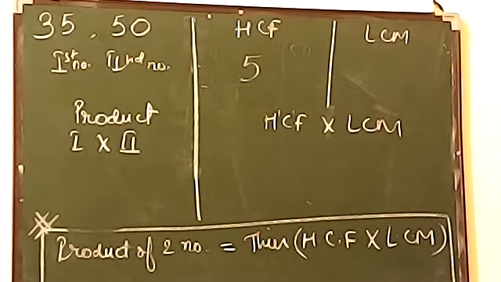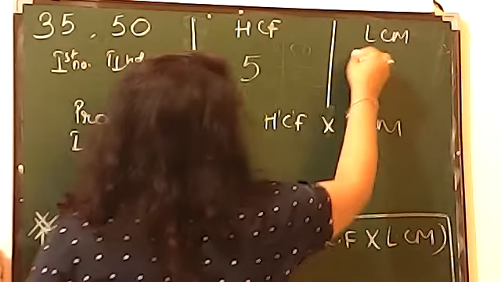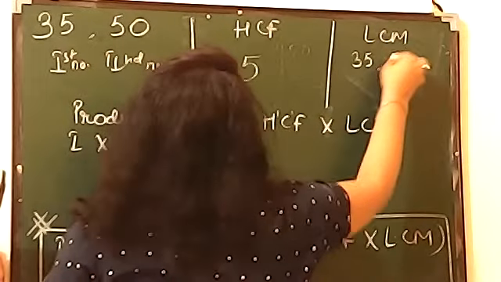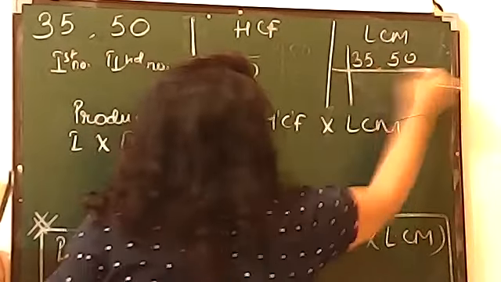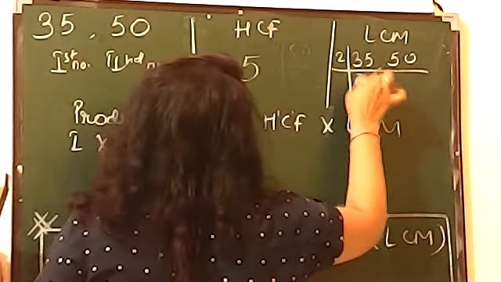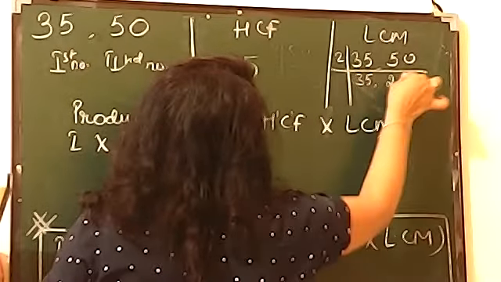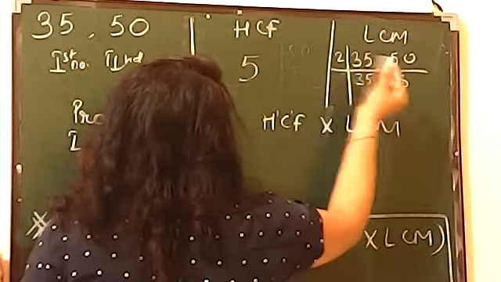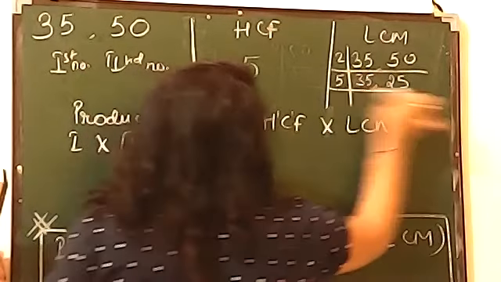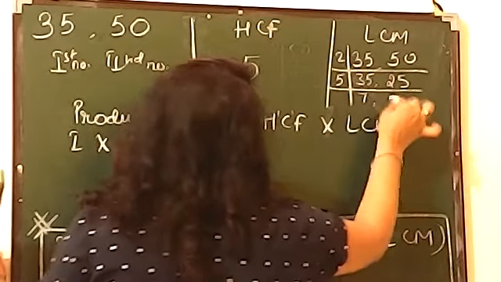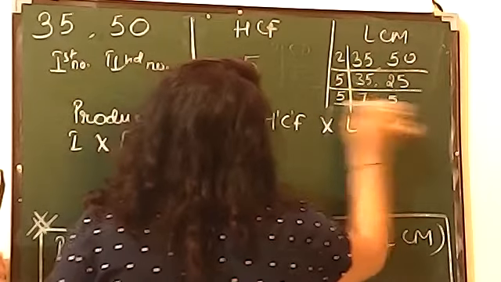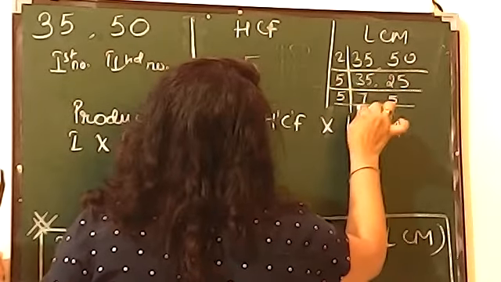Now let us find out their LCM. LCM of 35 and 50. When you solve this, 35 will remain like this only, and this will give you 25. Now we will take the next number as 5. 5 sevens are 35, 5 fives are 25. Now again by 5 and the last one by 7.